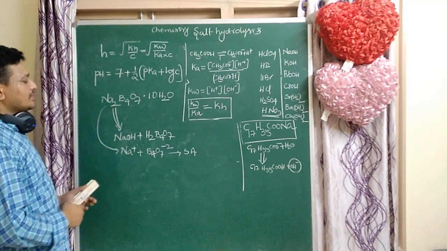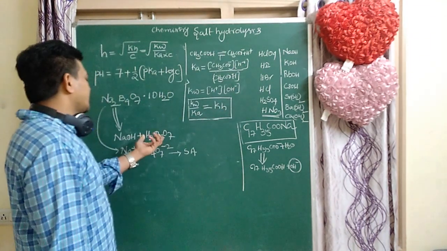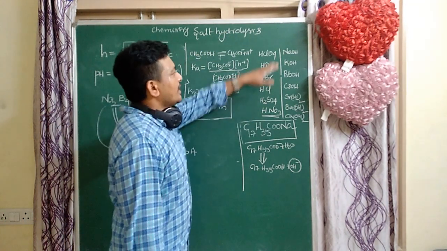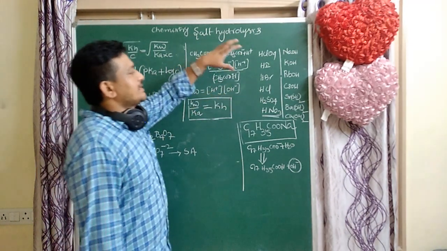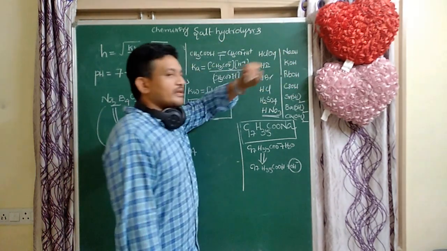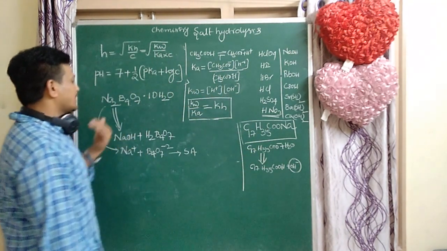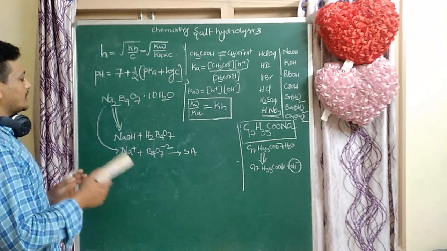Why? Because that acid is not there in this list. So this is the weak acid. These are strong acids and strong bases. The salt that came from these acids and these bases does not react with water. So other than those acids and bases, the ions react with water.